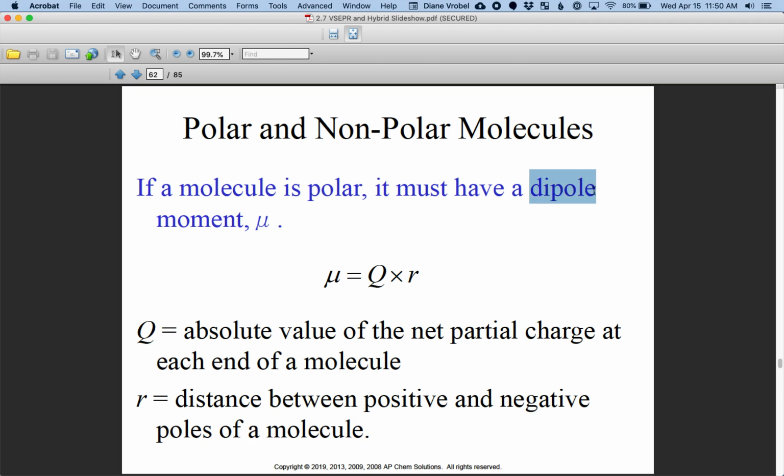Okay, so anyways, what does this mean? We're looking for dipole moments, and dipole moments typically are represented by mu. Now, I'm not saying that you need to calculate this, but you need to be aware that if a molecule has a dipole moment, that means it is polar. This is just a way that chemists are able to calculate polarity based on the absolute value of the charge and the distance between the parts of the molecule.